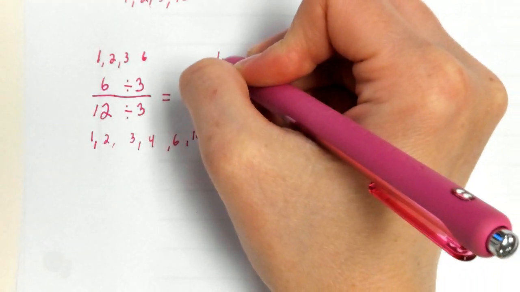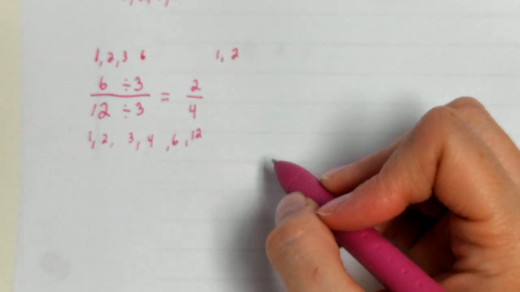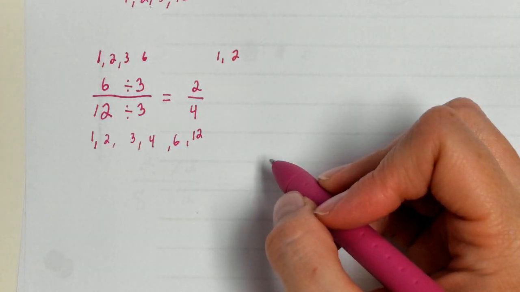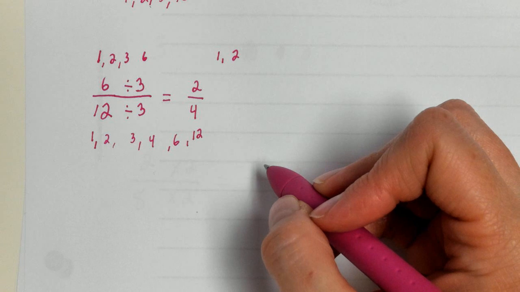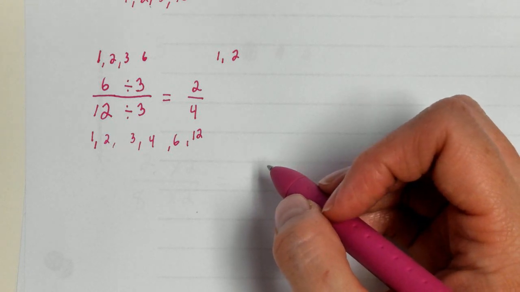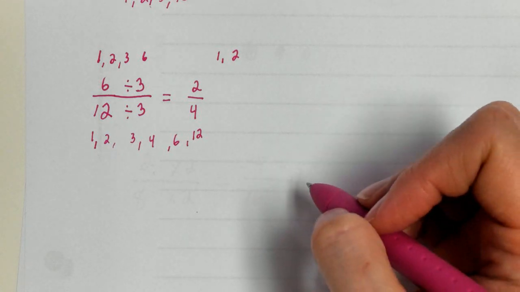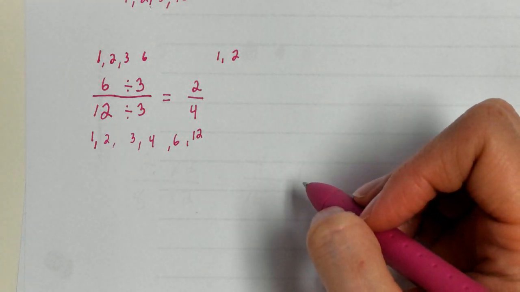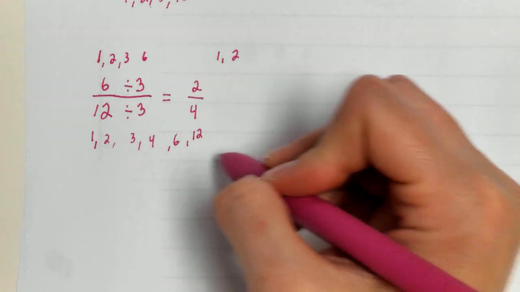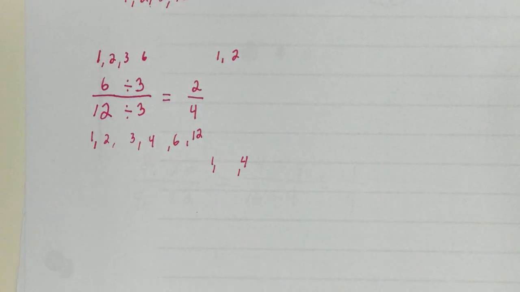What are the factors of 4? That's a multiple. What do I multiply together to get to 4? Start with 1. 1 times 4. Okay? And then what else? There's one more. Okay, then go to the next number.